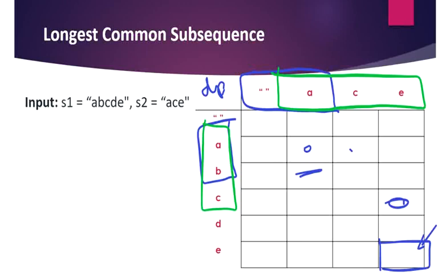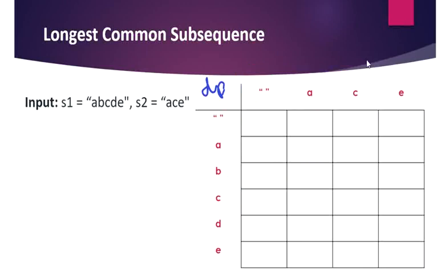So let's start by comparing the empty string and the empty string. Both are empty strings. What common characters are there between them? There are no common characters because there is no string at all. So let's fill 0 here.